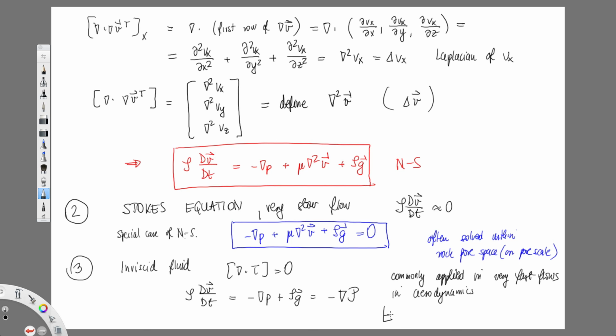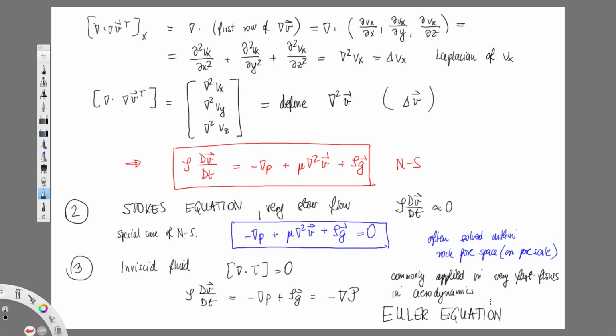And it's called the Euler equation. The solution to this typically has shock waves in it, but you know that from the practice of hearing planes going through the sound barrier.